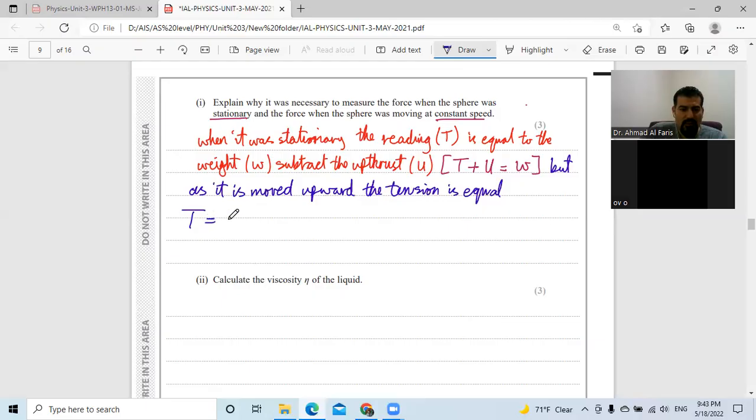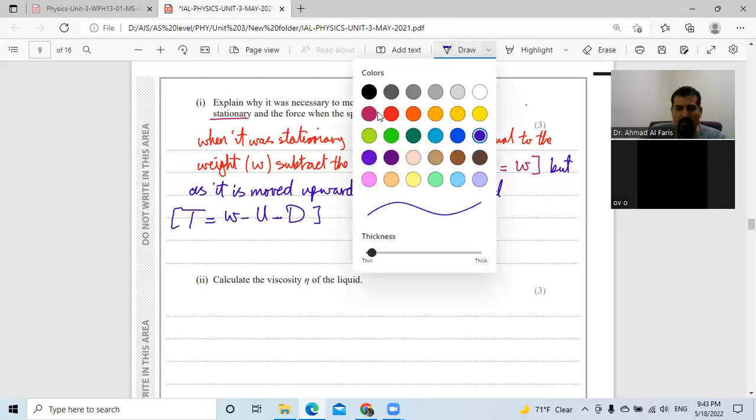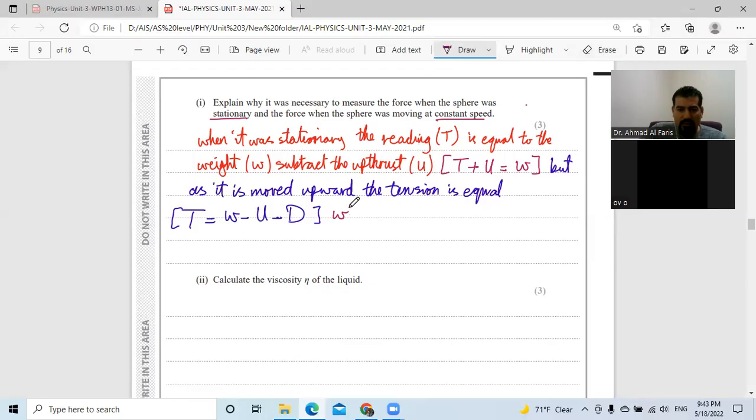T equals W minus U minus what? D, right? Where D is the drag force. D is the drag force that we need to find out.